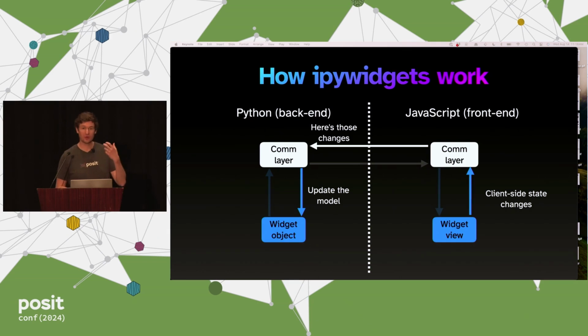Right, so once it's rendered and the user comes in and interacts with the widget and introduces some changes to state, that widget view will know how to send data to the comm layer to say, hey, I have some state that has changed. The comm layer passes that all the way back to the Python object on the back end.